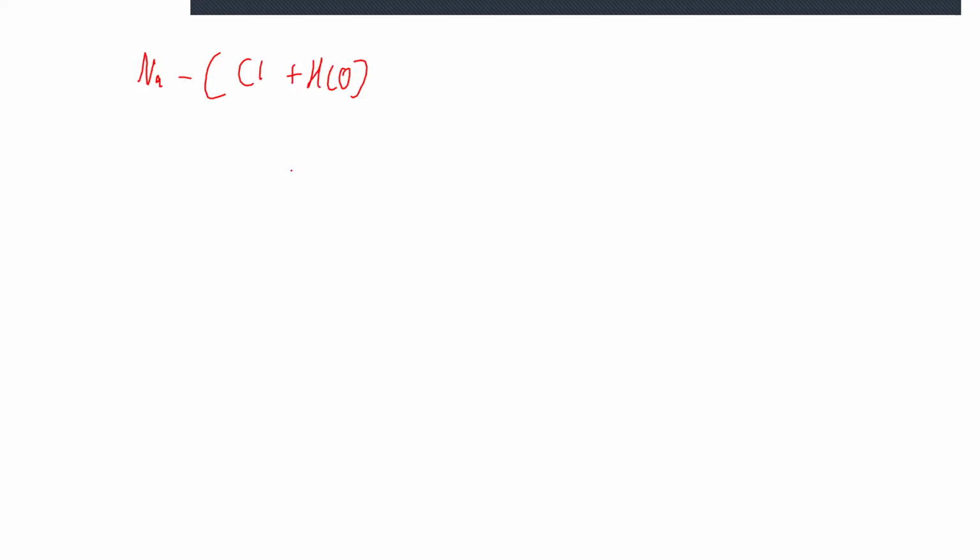And then to find the delta delta, you do the anion gap minus 12, where 12 is the normal anion gap, divided by 24 minus the bicarb level, 24 being the normal bicarb level.